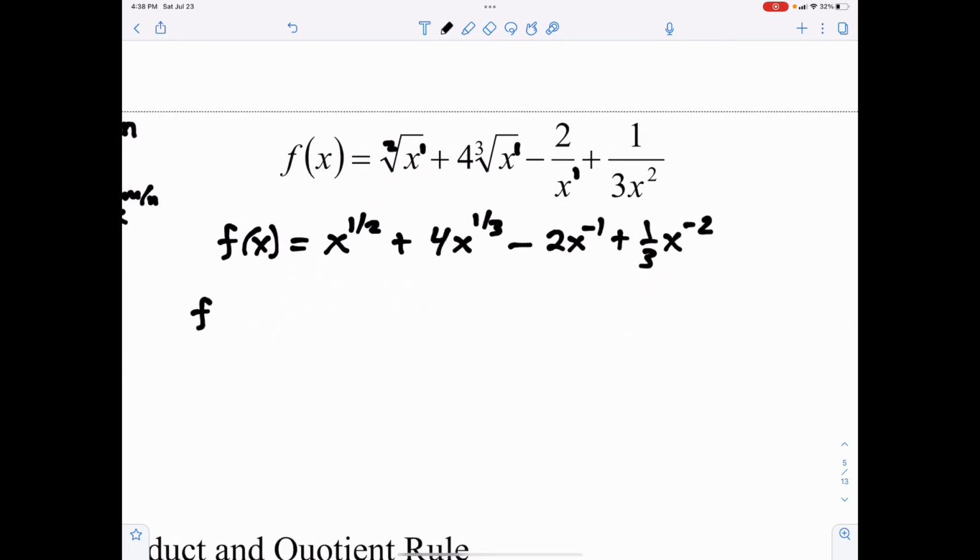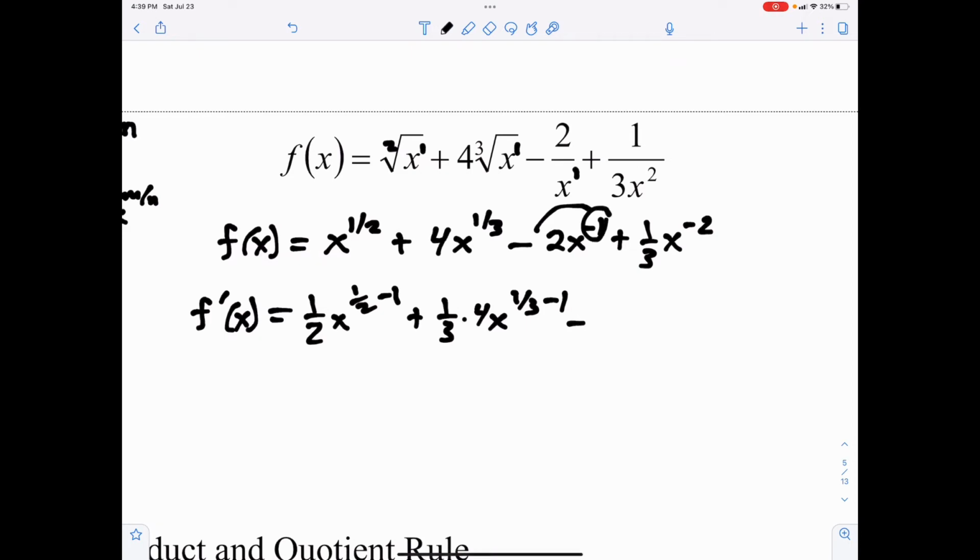Next step, general power rule on each term. Bring the exponent down, subtract 1 from the exponent. So it's going to be 1/2 x to the 1/2 minus 1 plus 1/3 times 4 x to the 1/3 minus 1 minus, now you're going to bring this one out in front here too.